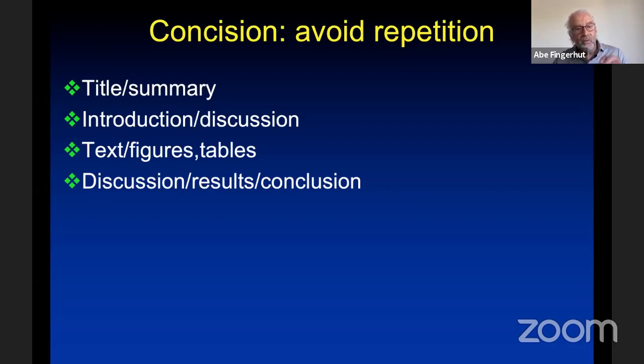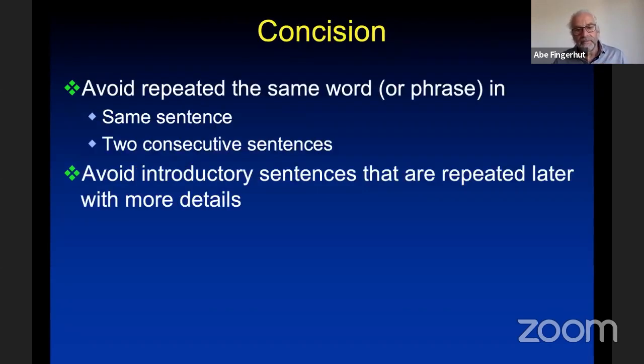So one way of ensuring concision is to avoid repetition. Repetition can be repeating the same word in the same sentence. This happens. Or in two consecutive sentences. When I peer review, and I see the same word in two consecutive sentences, there always is a way to get rid of that repetition and combine the two sentences.